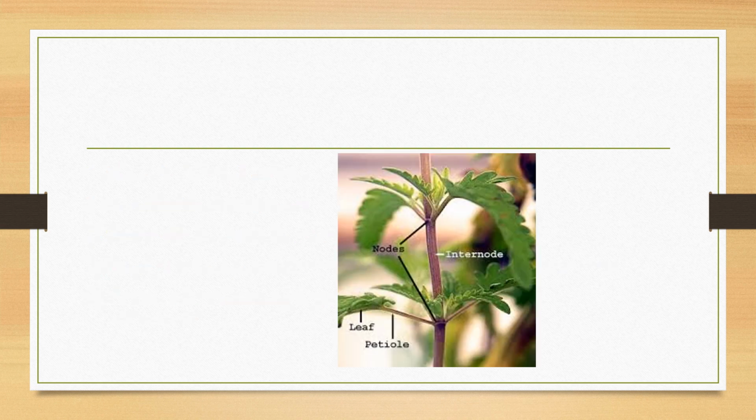In this picture, you can see the node clearly, and an internode. We say the space between two nodes is called an internode, and the node here, you can see the leaf and petiole.